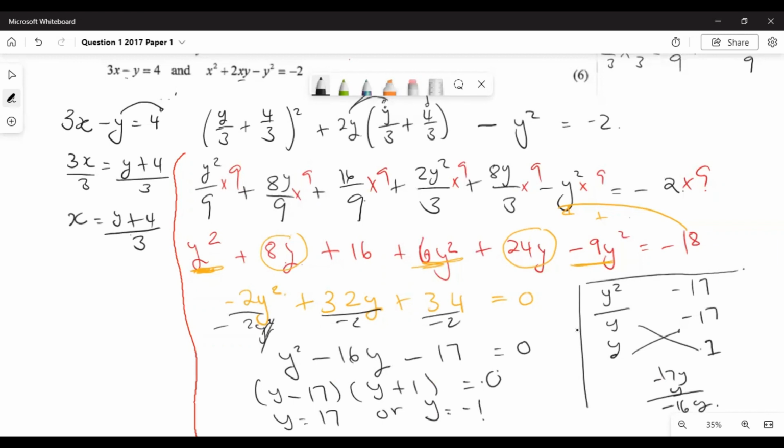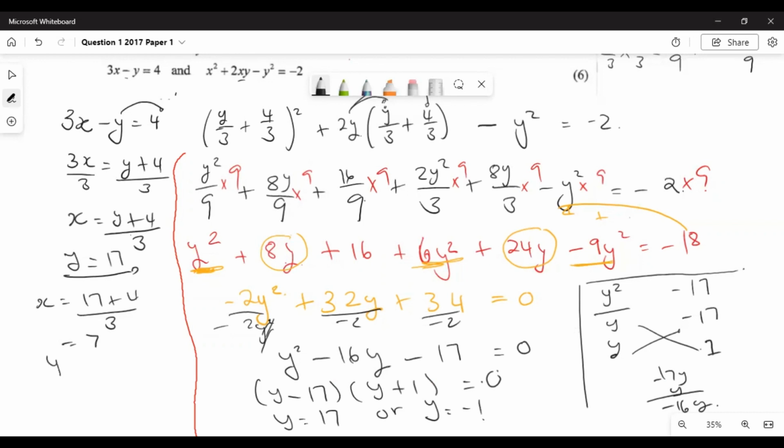We can go ahead and substitute it back into the linear equation to solve for x. So when y is equal to a positive 17, we will get x is equal to (17 plus 4) over 3, and this would give us 7.